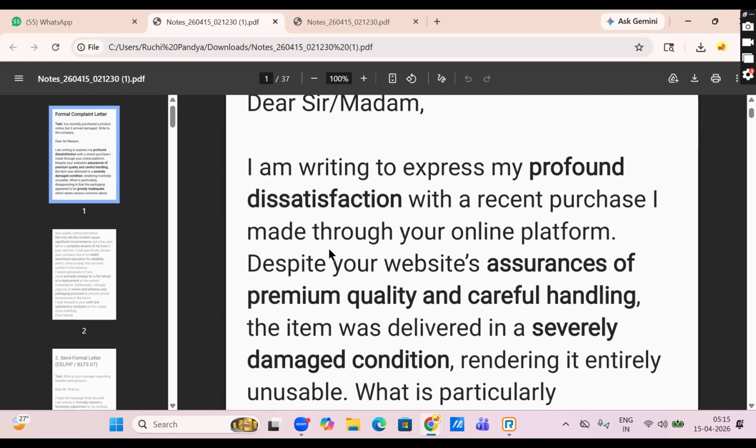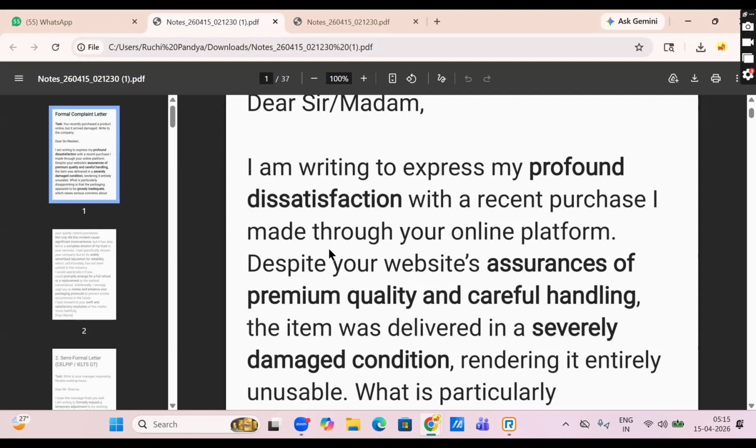Again, not a proponent of mugging things up, but because your exams are fast approaching and you don't have a lot of time, keep this in mind. I am writing. I am writing this letter, this email? No. It's obvious that what you are writing is a letter, not a poem. It's a letter, you know it.